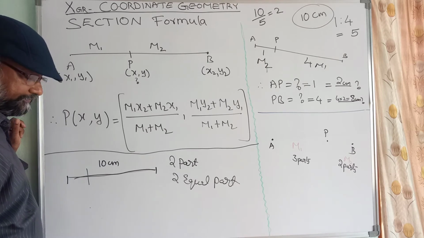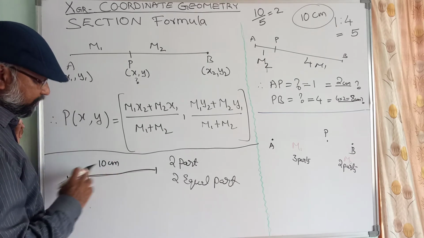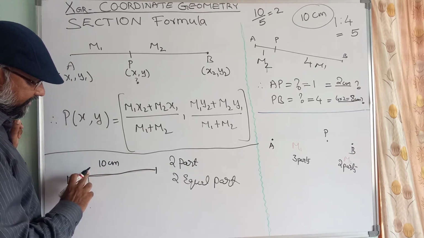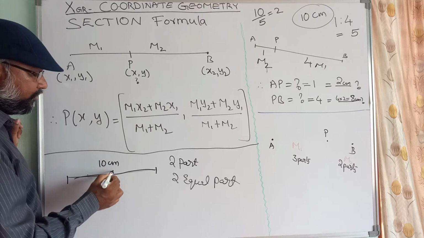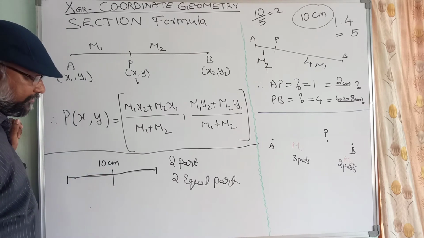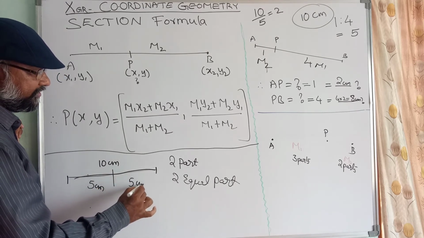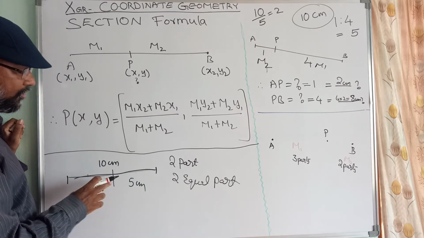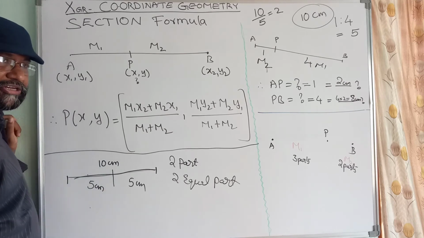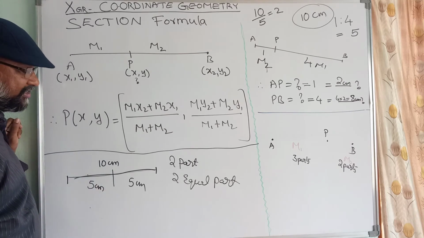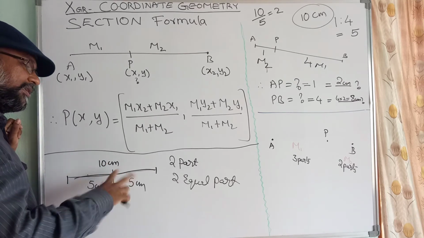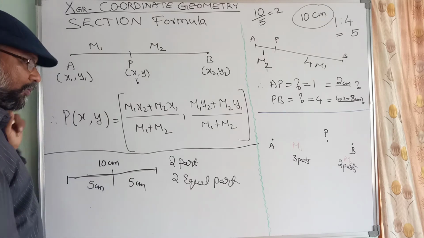Two parts means this is 2 parts. Now I cancel that. I want 2 equal parts. That means this could be 5 centimeters and this could be 5 centimeters. This point is called the bisecting point. Bisection means section, but the 2 parts are equal.